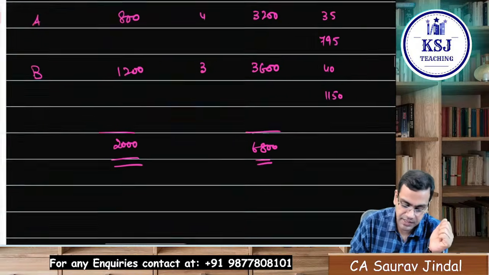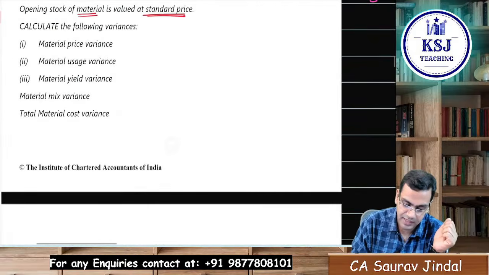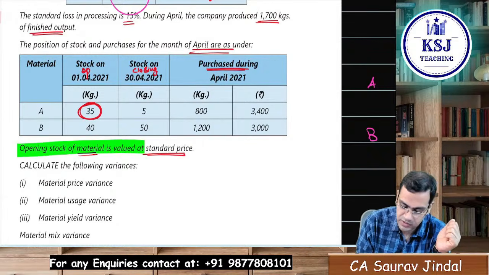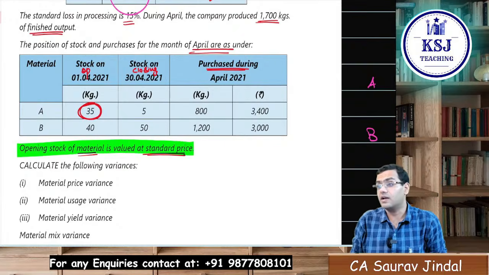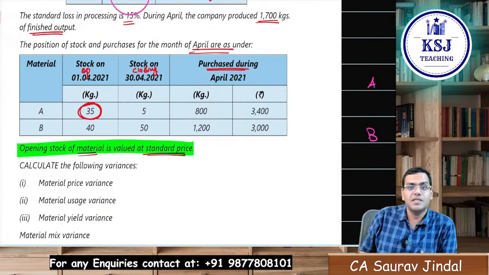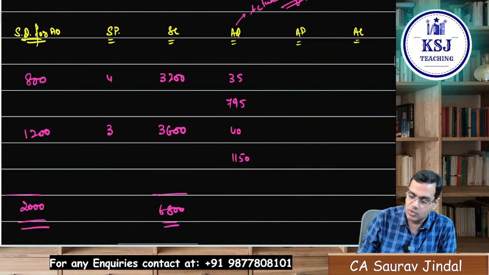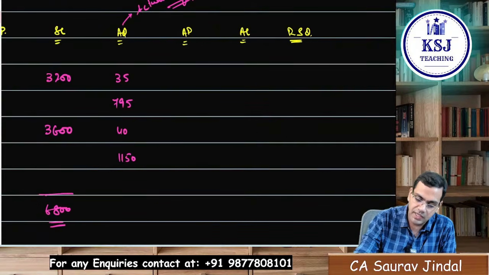The purpose is because of this line that is given: opening stock is valued at standard price. That means the actual price of the opening stock is equivalent to standard price. So here the opening stock is to be taken at actual price 4 and 3.